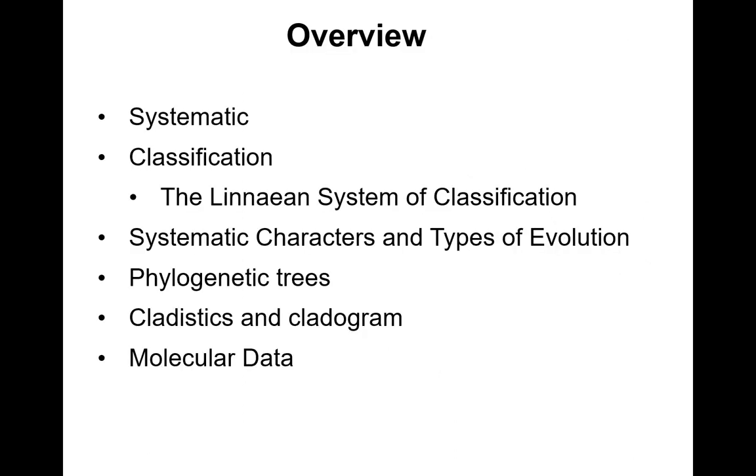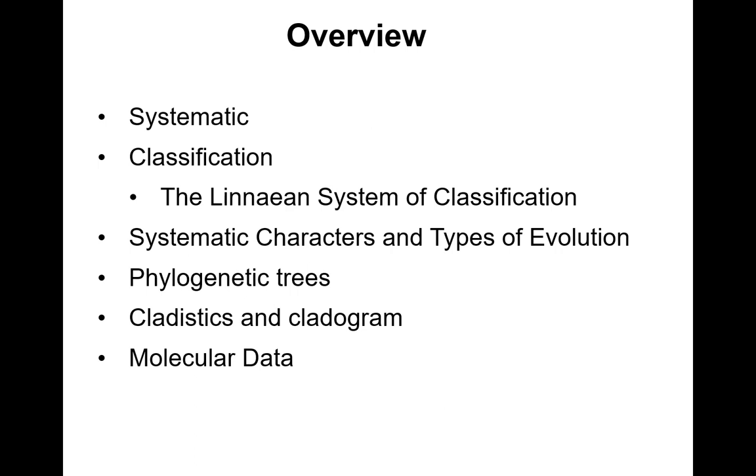So these are the topics we're going to talk about here. First, we'll define what systematics is. Then we'll talk about how the still currently used classification, which is the one based on Linnaeus' discovery or method. And then we'll talk about characters.